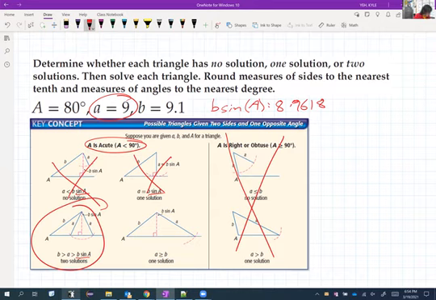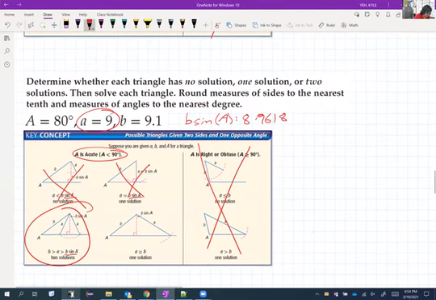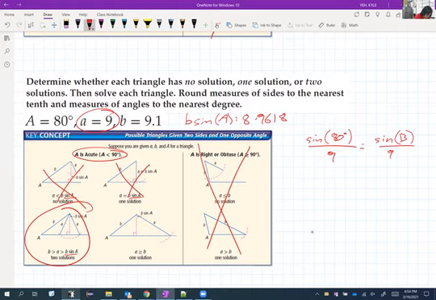And so I'm going to start this off in a similar way. I'm going to start with the law of sines because I know that sine of 80 degrees over 9 must equal sine of B over 9.1.